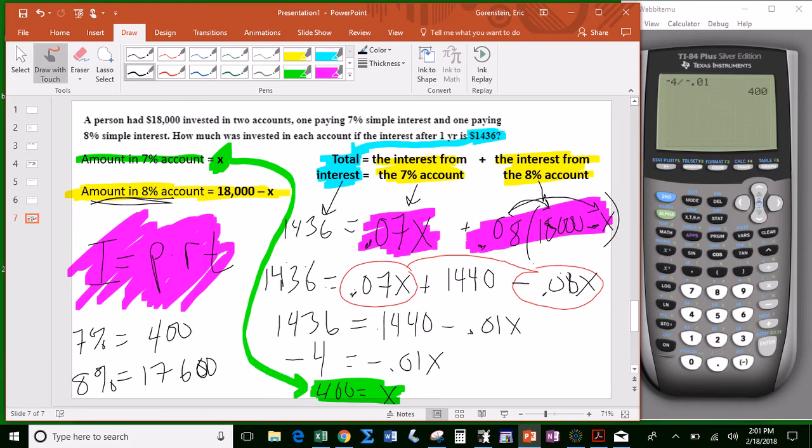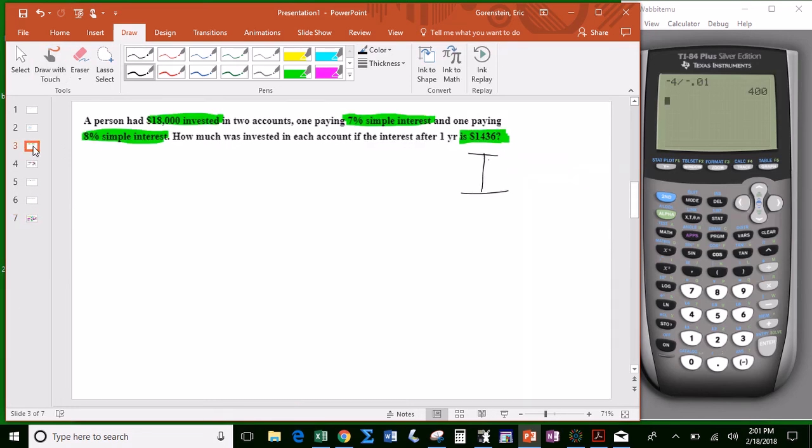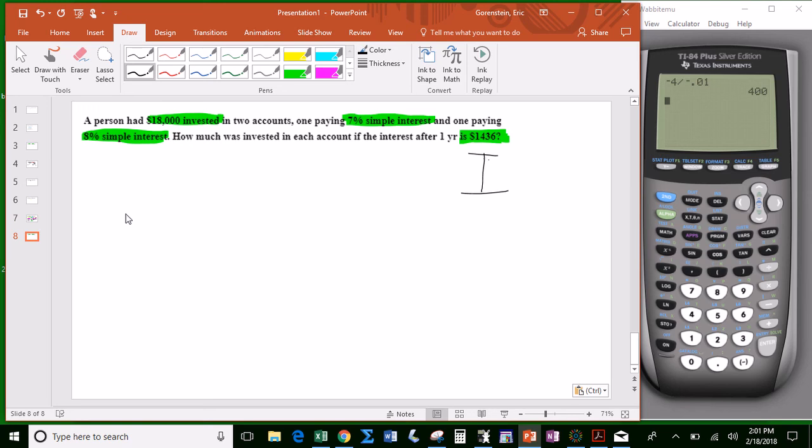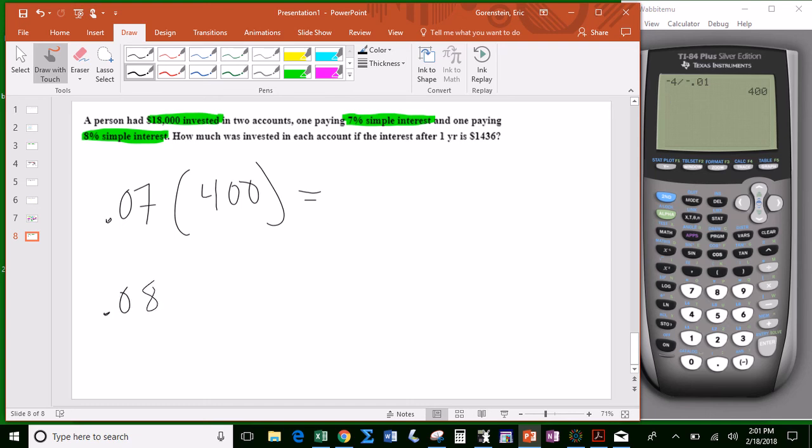Okay, so these two numbers add up to 18,000. It looks good to me. Let's just double check. Make sure we're right. So 7% of the 400 bucks, that's interest coming from the first account. 8% of the $17,600.